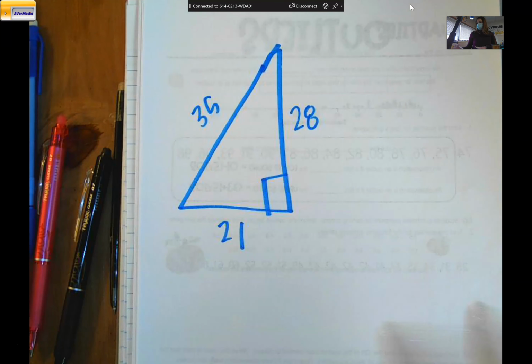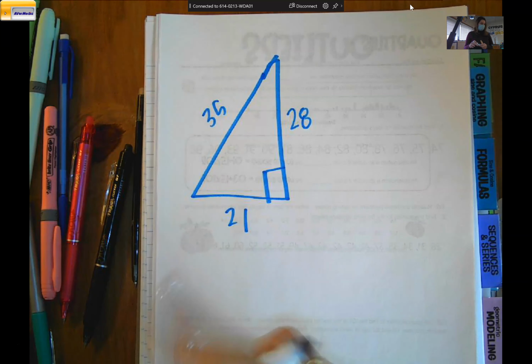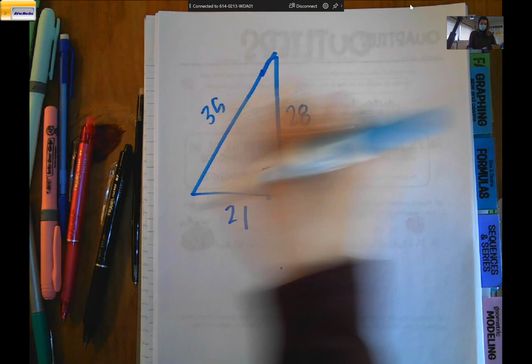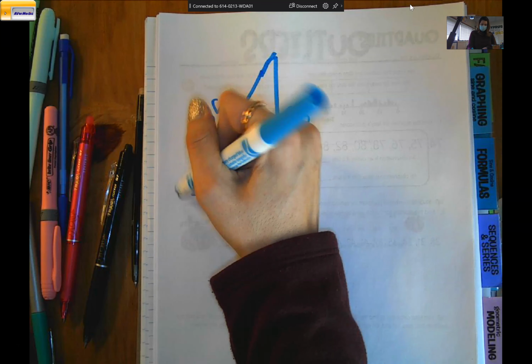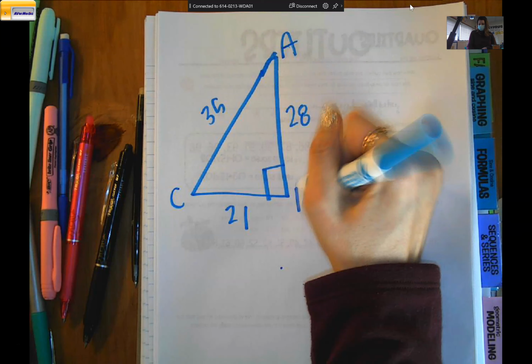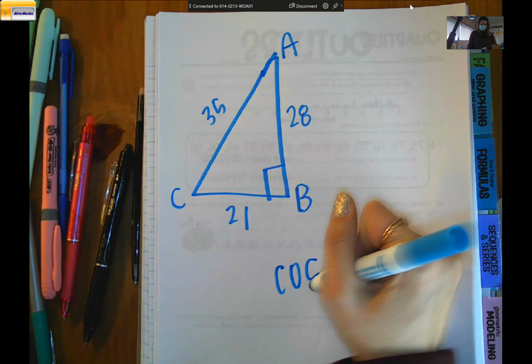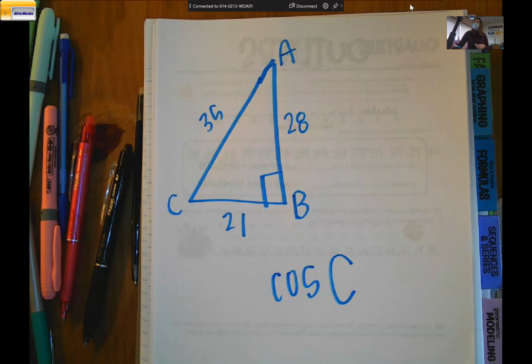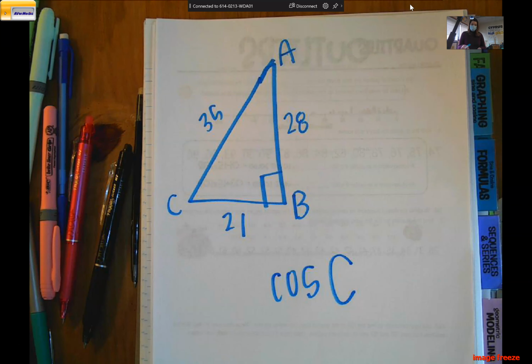It does simplify, so make sure you plug it into Desmos. Let's find cosine C. So for this triangle, you're finding cosine C. You can write it down if that'll help, but I'm not expecting you to write it down. And I'm just going to call on one of you guys.